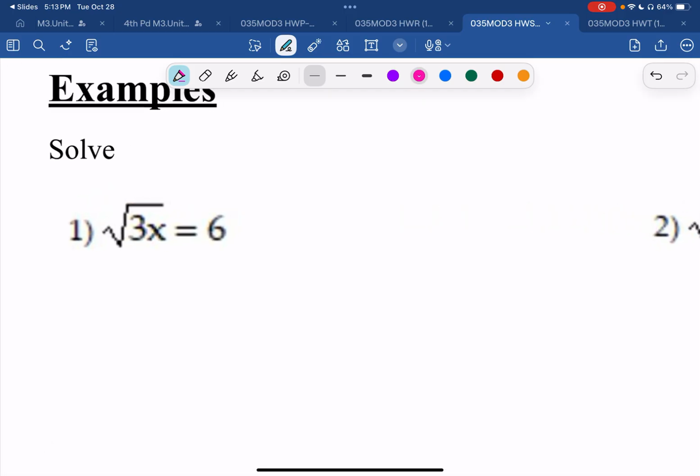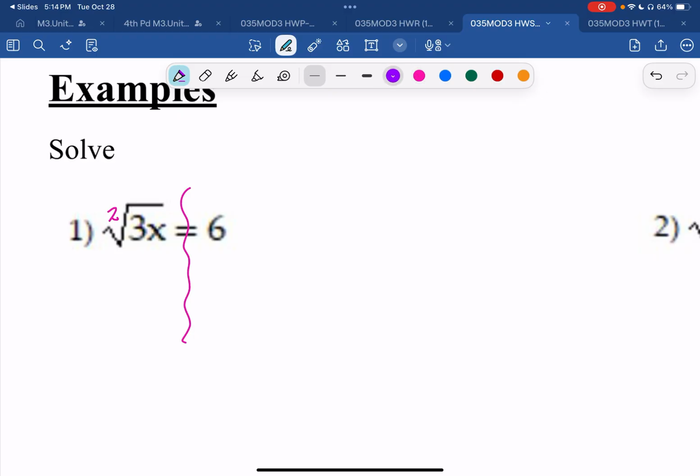So question 1 says the square root of 3x equals 6. Our first step is to isolate. I've got my square root isolated. It's already by itself on one side of the equation. Remember, we've got that understood 2 there.